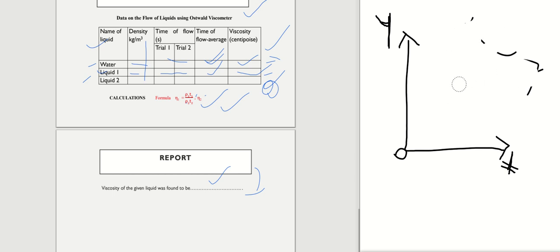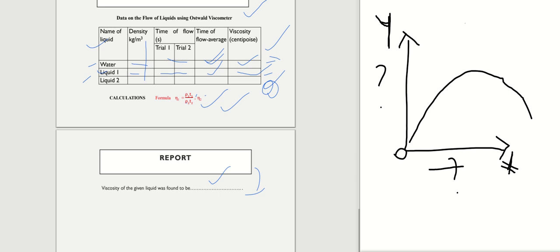And then make sure to write the parameters on the particular axis. What parameter we are going to take on the x-axis and what parameter we are going to take on the y-axis. Suppose we get a graph like this. How can we interpret the data?